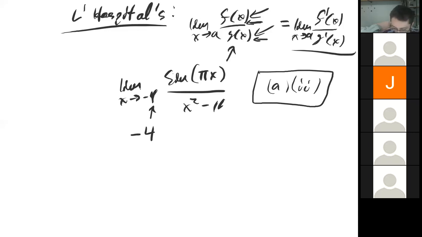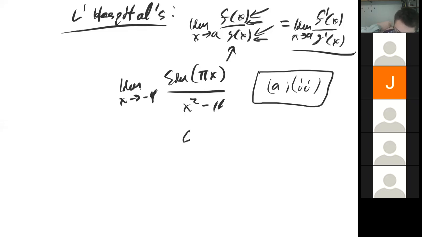Okay, well, we're going to go over it now because we have many other things to cover. All right, so we put in -4, we get -4 pi, sine of -4 pi, and sine of -4 pi is 0 because 4 pi is a multiple of 2 pi. So then we get 0 in the numerator, and in the denominator, we also clearly get 0. So let's take some derivatives.